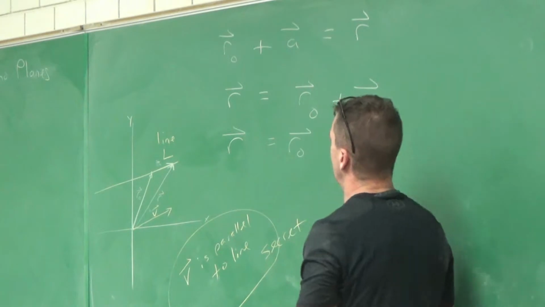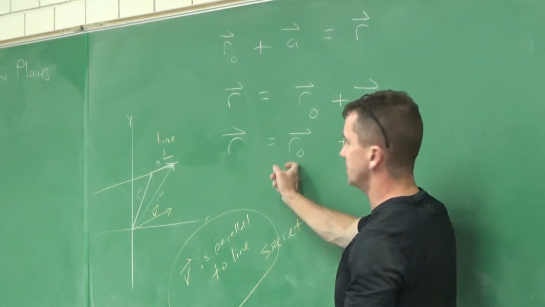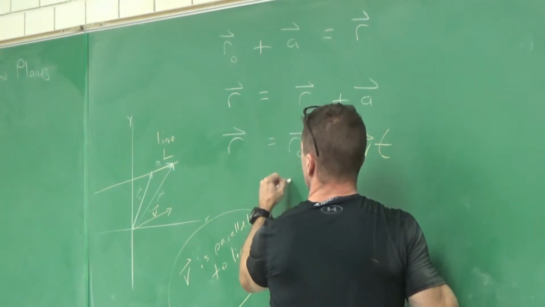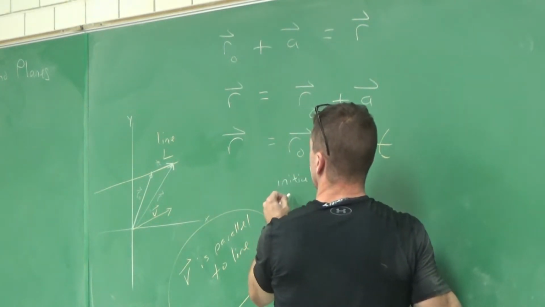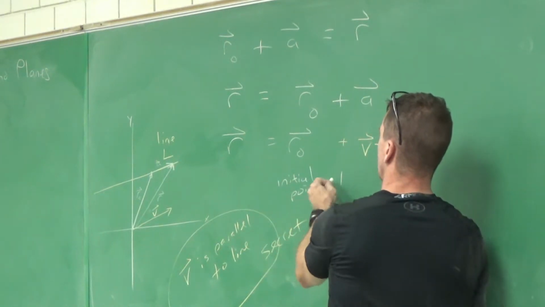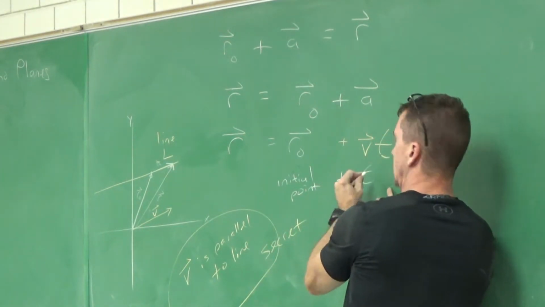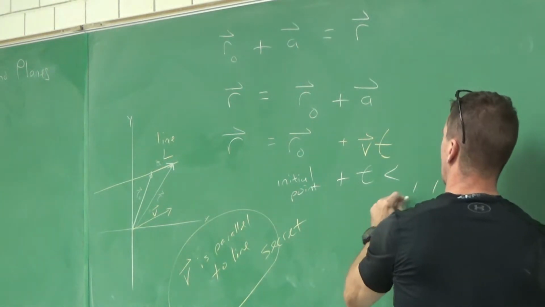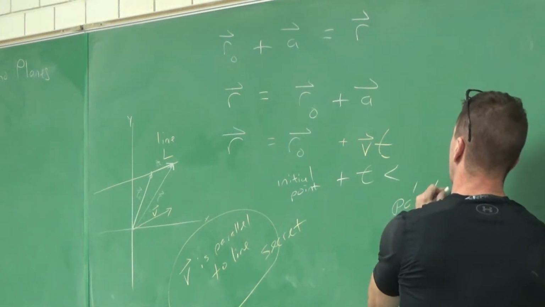We can actually describe any line with a vector, where this right here will be just some point. I know it's written like a vector right here, but this will be some initial point on the line. I can take the t and just factor it out of this vector, and this vector v here will be the parallel vector.